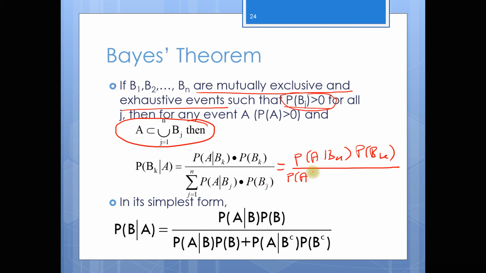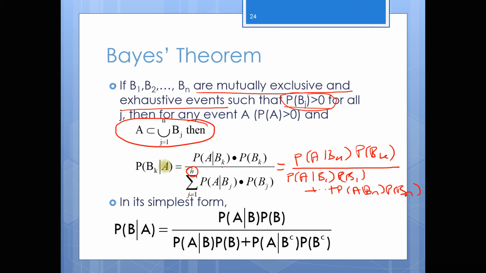It is the probability of A given B1, times the probability of B1, plus, in the denominator, it goes on to the probability of A given Bn, the last one, times the probability of Bn. This is the formula.